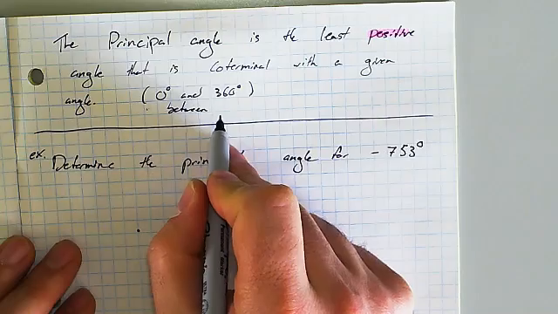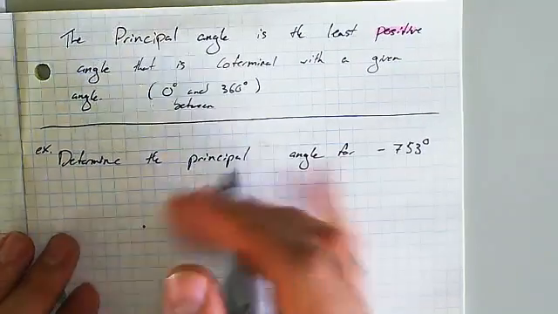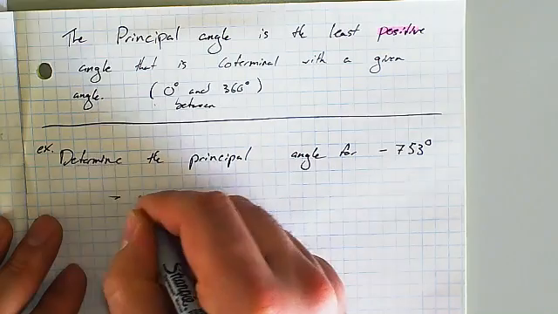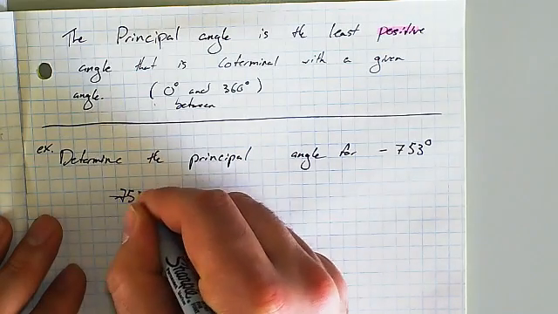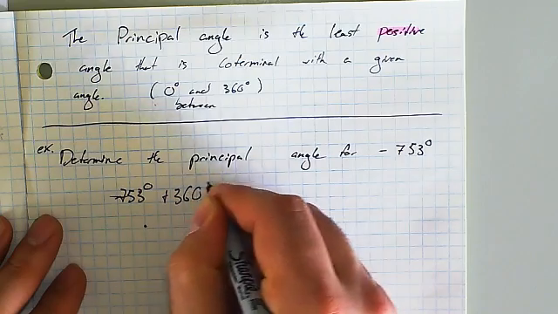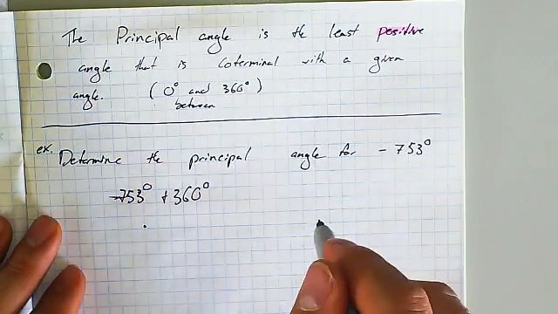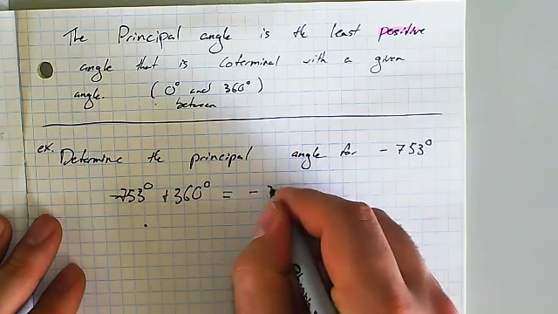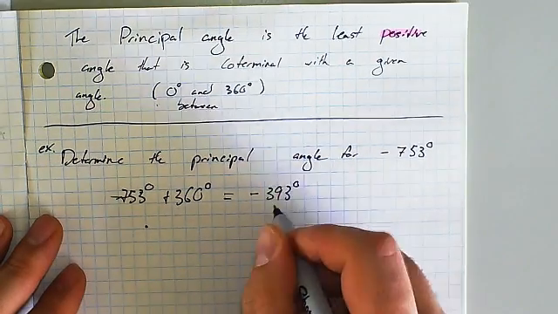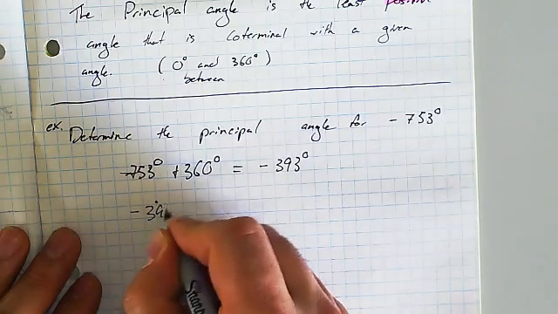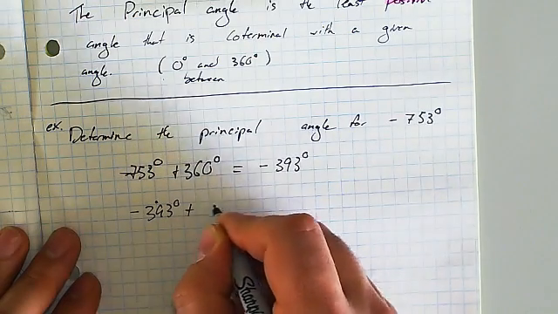We know that the principal angle is between 0 and 360. So when we have a positive number between 0 and 360, we can stop there. We're basically going to start with our negative 753 degrees, and we're going to add a positive lap around our circle. When I do that, I'm going to get negative 393. Again, that's not positive, so we're going to keep going.